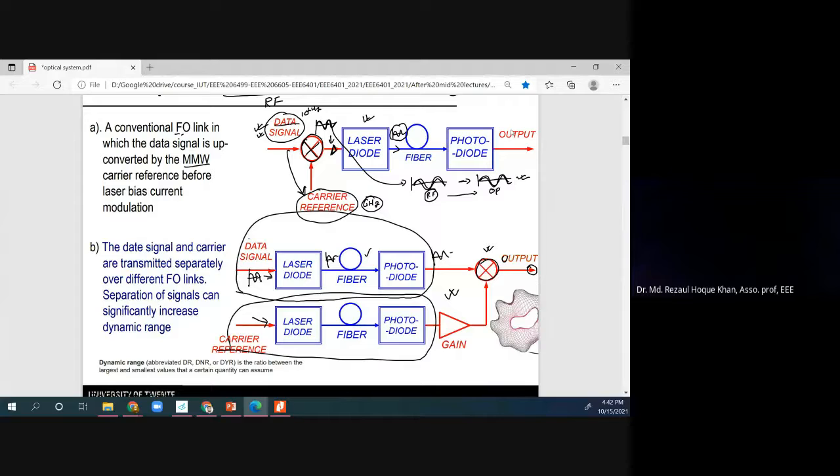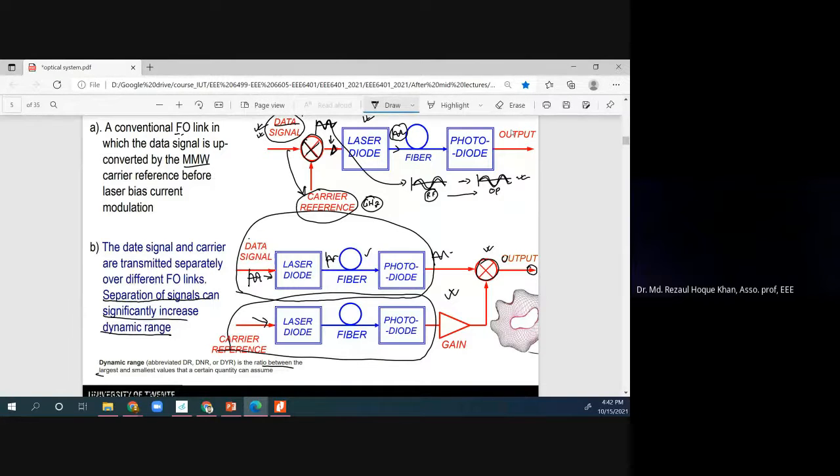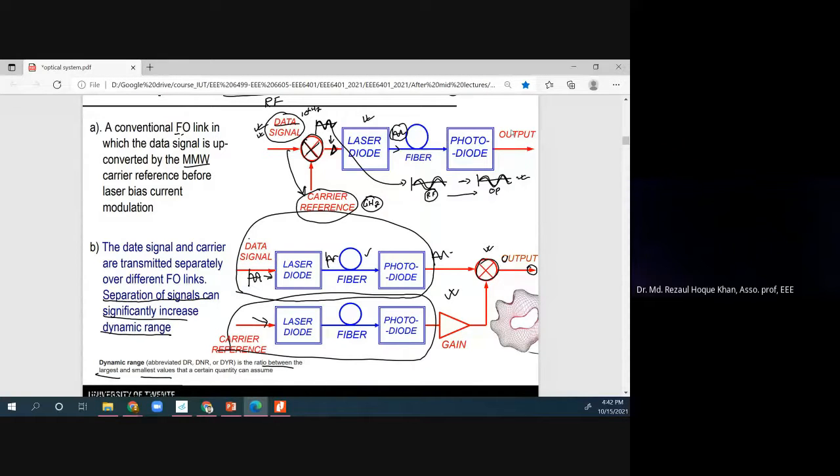So separation of signals significantly increases the dynamic range. What is dynamic range? Remember, dynamic range is nothing but the ratio between the largest and the smallest value. For example, if you think of an image, what does dynamic range mean? You zoom in, zoom in, zoom in.